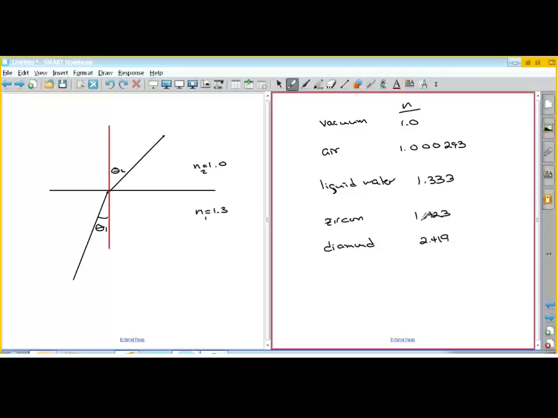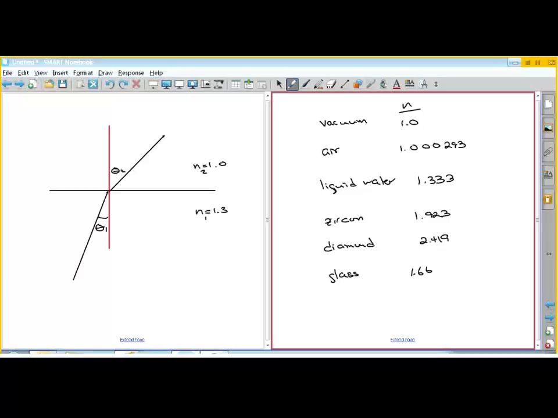You've probably heard of cubic zirconia, which is a fake diamond. And if you look at just glass, it is about 1.66. So if you made the crystal out of glass, you would get 1.66. If you make it out of zircon, it's 1.9. If you make it a diamond, it's 2.4.